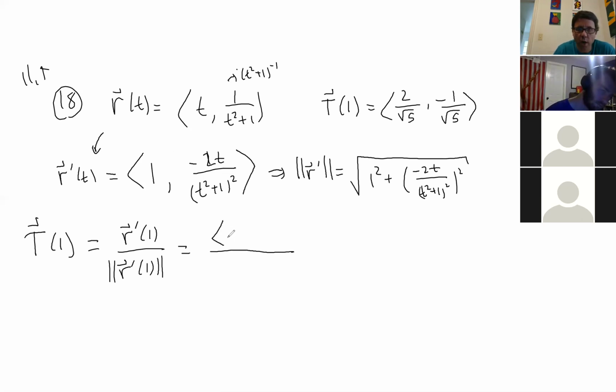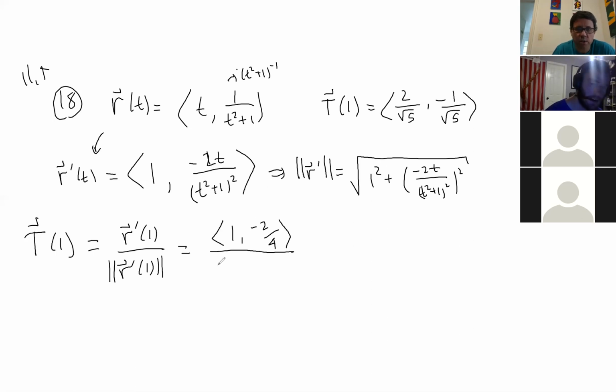Well, I'll get 1, and then what is this fraction going to work out to if I plug in 1? I will get -2 on the top. On the bottom, I'll have 4, which simplifies as 1 plus 1, and then it gets squared. So without doing all the algebra, because it's kind of a nightmare, I'm going to do that.